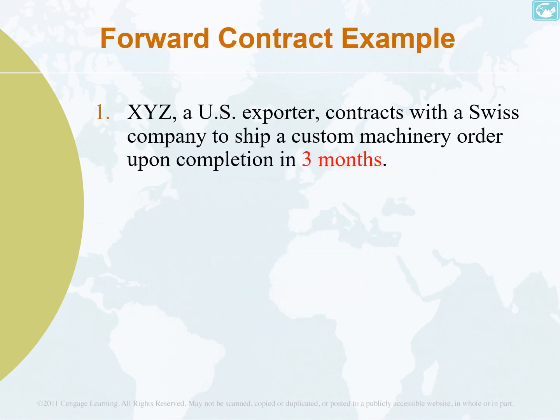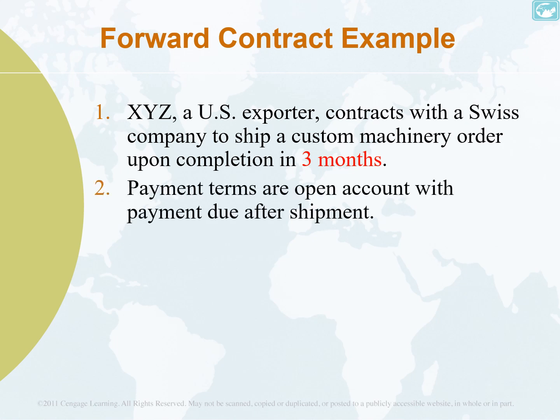Then XYZ, a US importer-exporter, contracts with a Swiss company to ship a custom machinery order upon completion in 3 months. That's a forward contract. The payment terms are open account with payment due after the shipment.